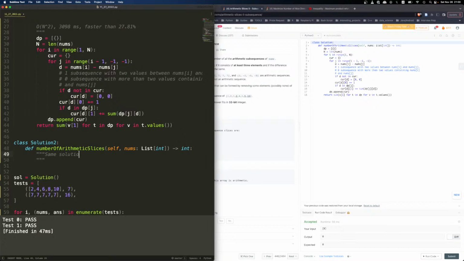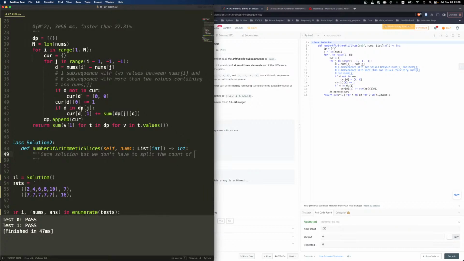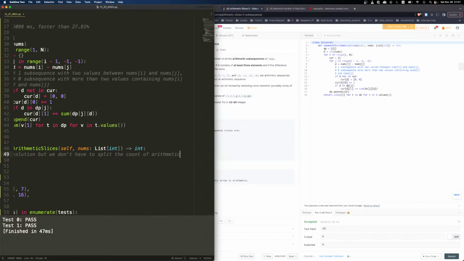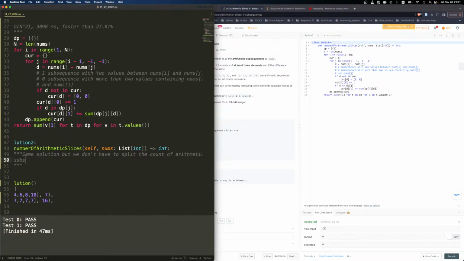Same solution, but we don't have to split the count of arithmetic subsequences of different size into a list. They can be combined.